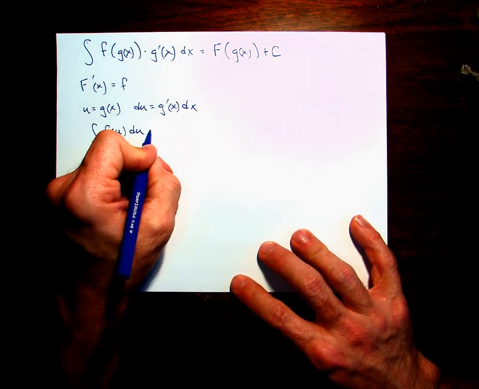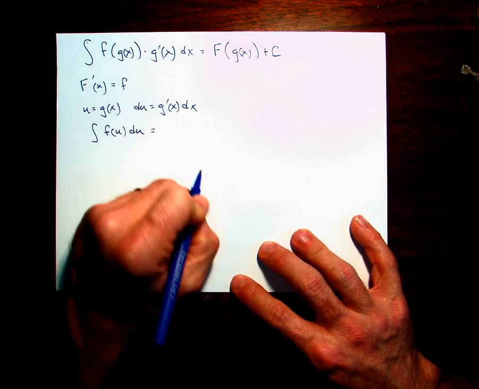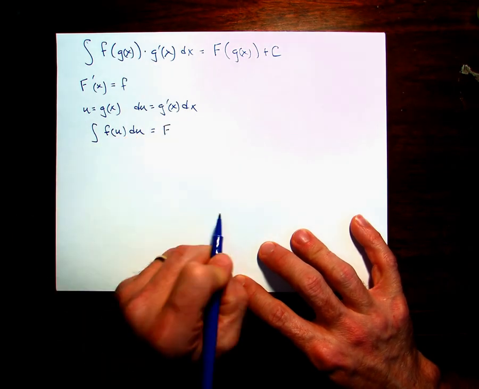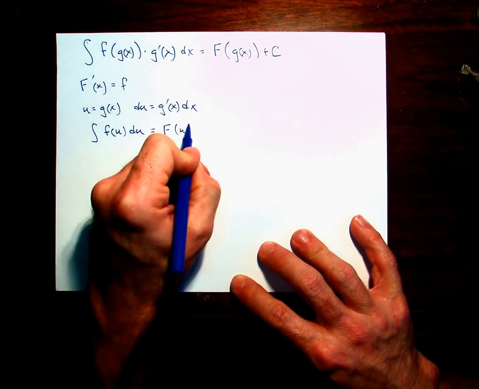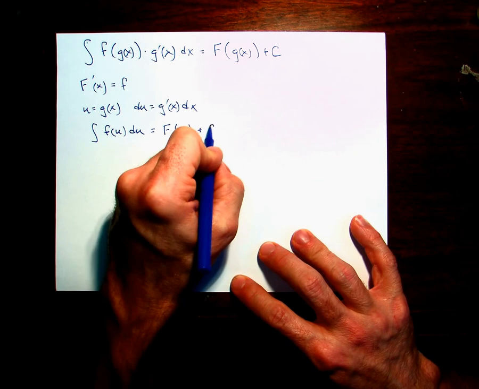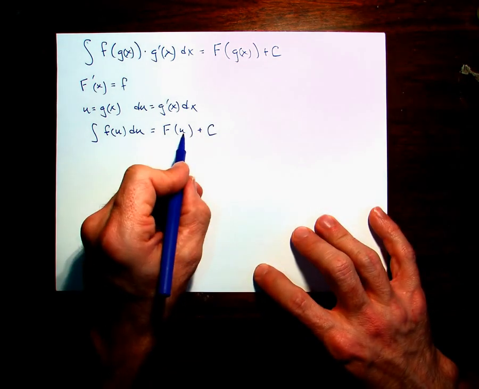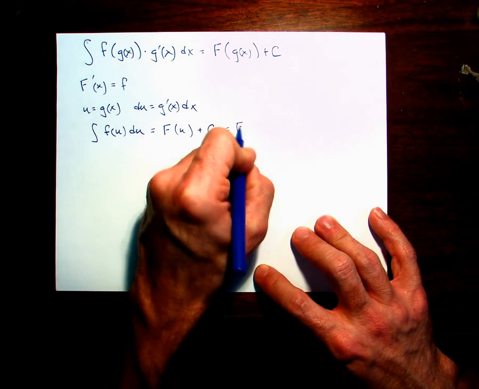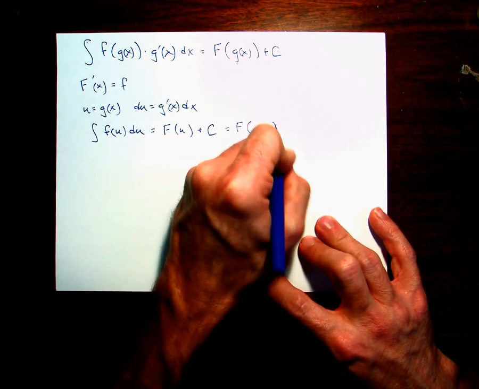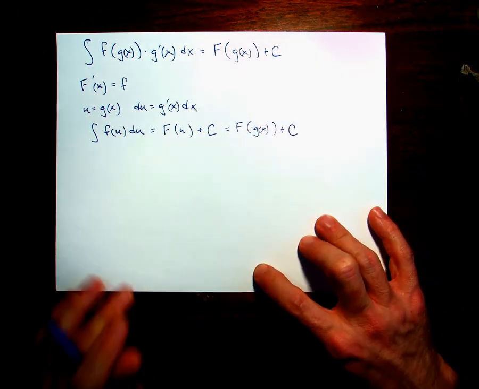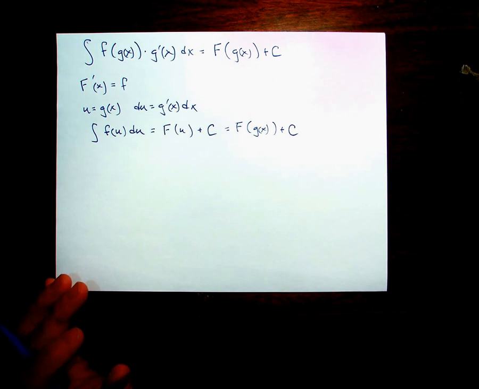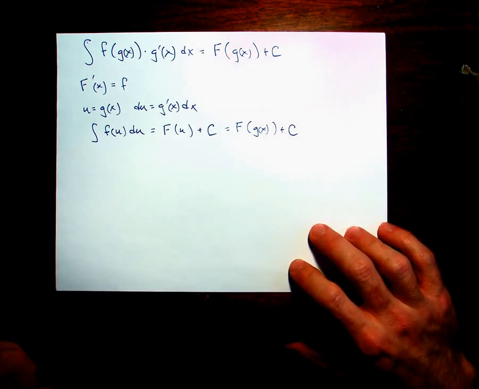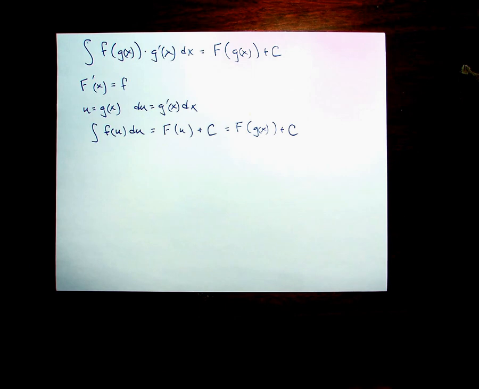Then that's going to give me the antiderivative, big F, in terms of u plus c, and then we want to put g of x back in for u, so I end up with big F of g of x plus c. All right, so this is just the general idea that if we can do this substitution, we get the antiderivative. Let me do one more example just to help solidify the idea.